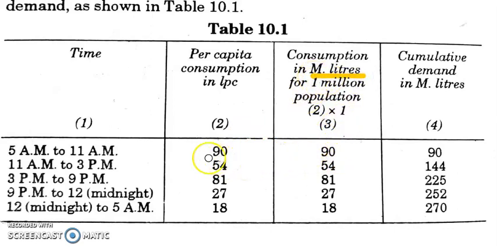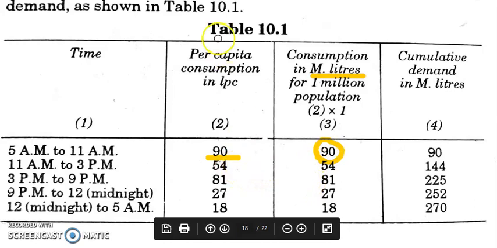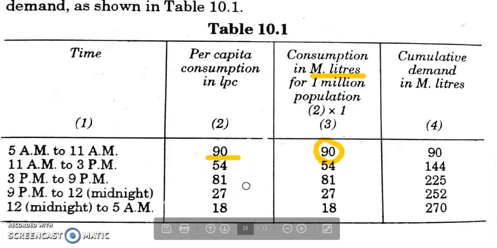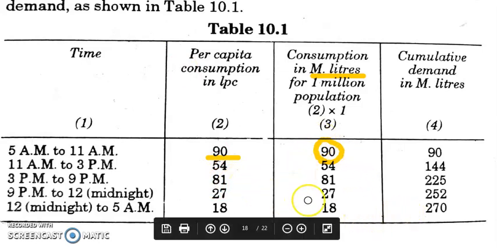Here it is 90 LPCD, and when you multiply it by population, it will be so many million liters. So 90 million liters, and 54 million liters, because this is 54 into 10⁶, 81 into 10⁶. 10⁶ is the population value. So as it is, we are writing million liters.